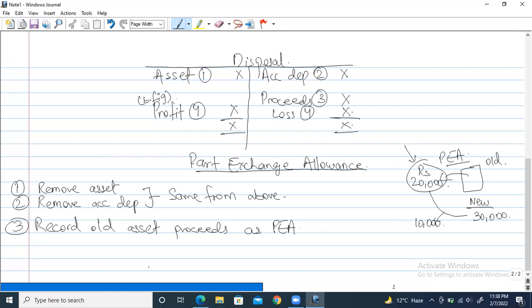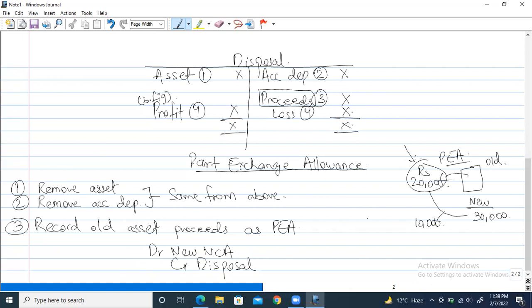So what we're doing is crediting the disposal account same as above. You can see credit disposal, which is these proceeds. But we're not debiting cash over here, because we're not receiving cash. So we debit an account which is called new non-current asset.